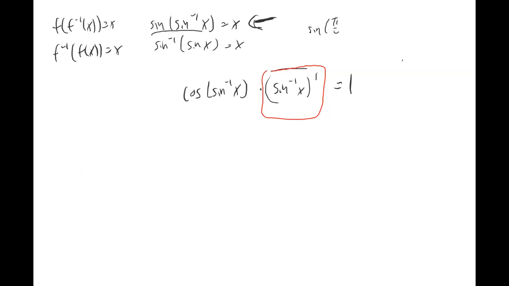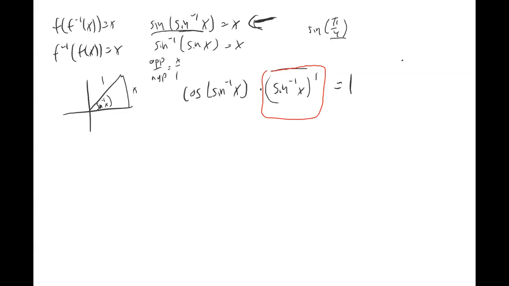I guess angles are numbers, but sine of pi over 4 is like an angle. So sine inverse of x is just the angle such that sine of it is x. But what is sine? Sine is opposite over hypotenuse, so opposite over hypotenuse should equal x over 1. So opposite is x, hypotenuse is 1.